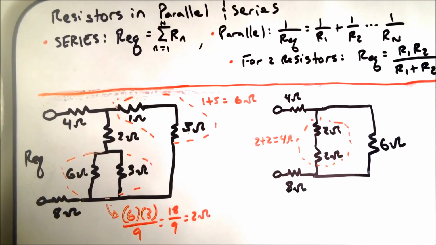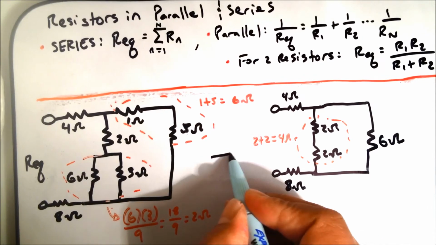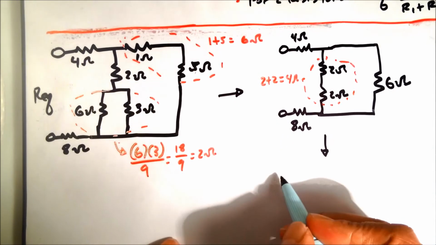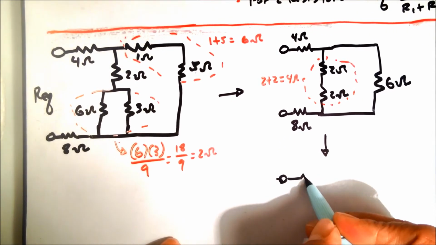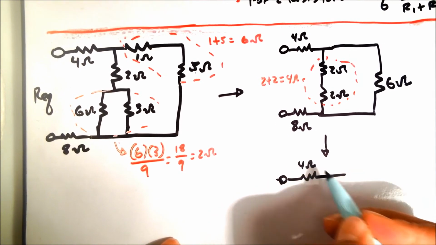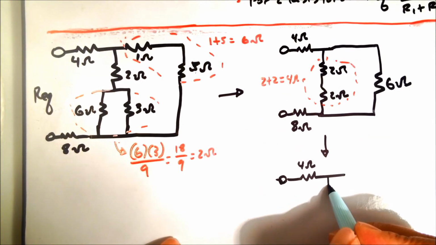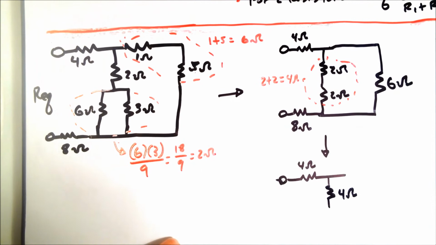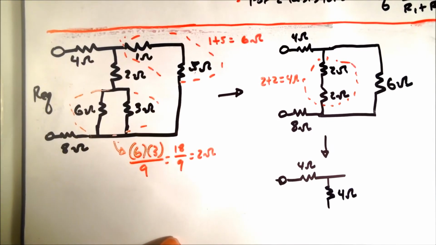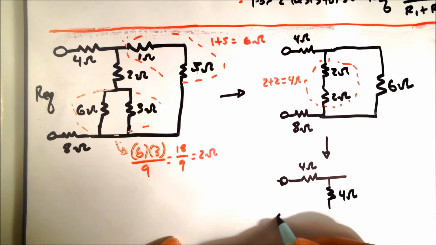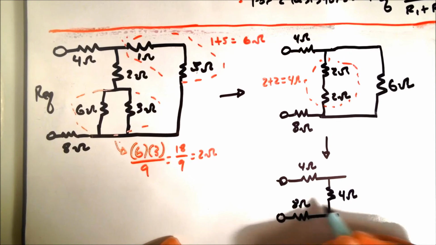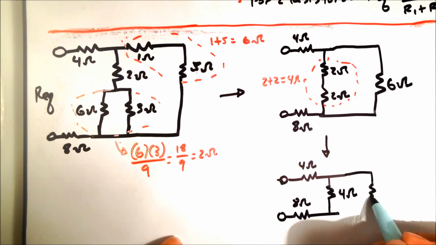So we're going to redraw this circuit one more time, down here where we have a little more space. We have our 4 ohm resistor, and then we put our 4 ohm resistor here, which was the equivalent resistance of those two resistors in series. We have our 8 ohm resistor still, and we have our 6 ohm resistor.